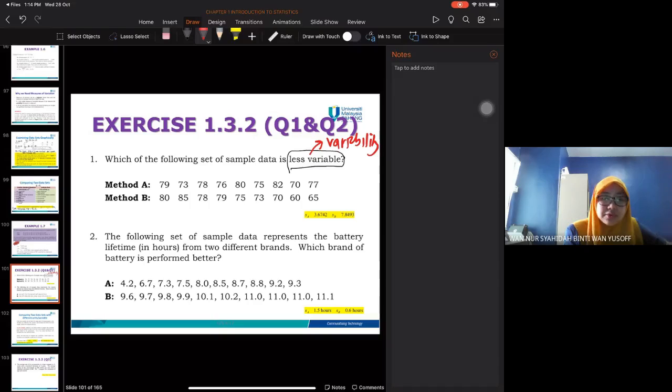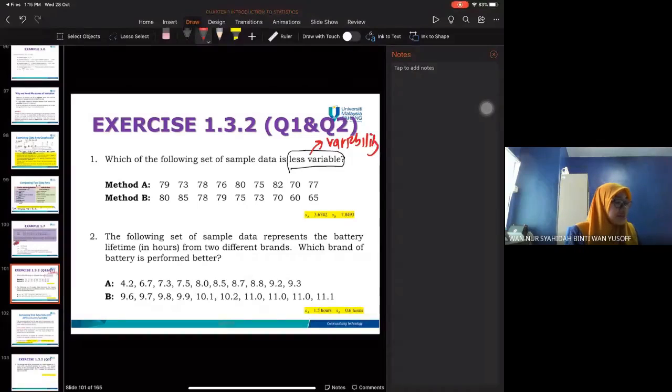You have to know on your own what value we have to calculate to answer this kind of question. It is not because this exercise is under this subtopic that you just jump to the variability. You have to understand why we need to calculate the variability.